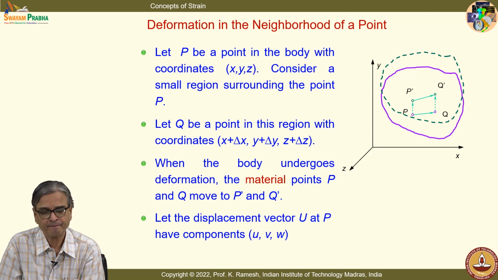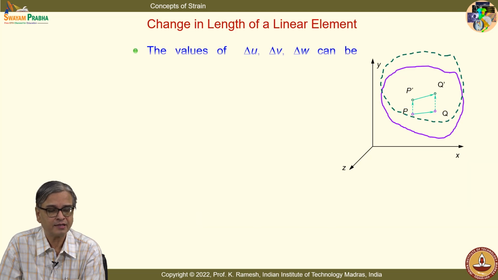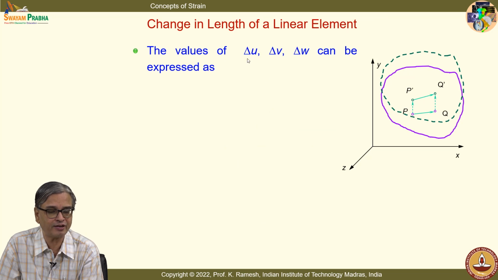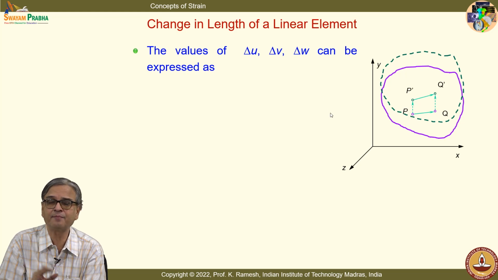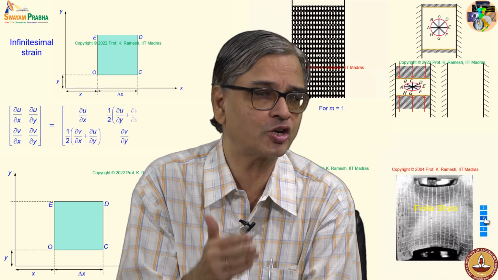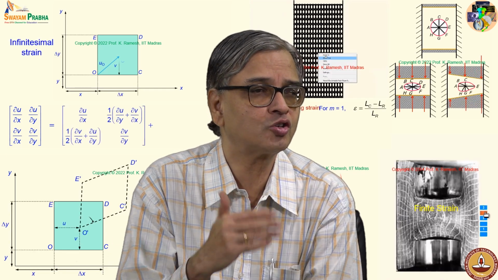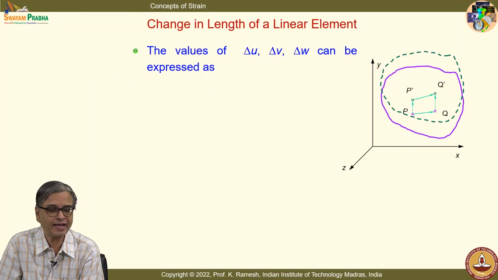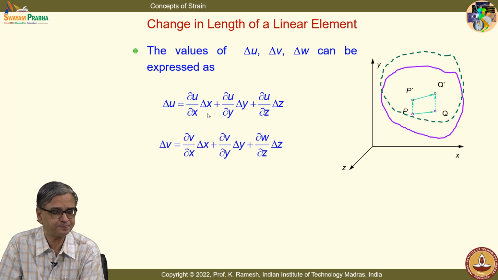Fine. And what we do is, we want to find out the change in length of the linear element. So, I need to have delta u, delta v and delta w, and we are looking at a 3-dimensional space. So, u is a function of x, y, z, v is a function of x, y, z, w is also a function of x, y, z. So, when I have delta u, I can write from Taylor's approximation dou u by dou x delta x plus dou u by dou y delta y plus dou u by dou z delta z.